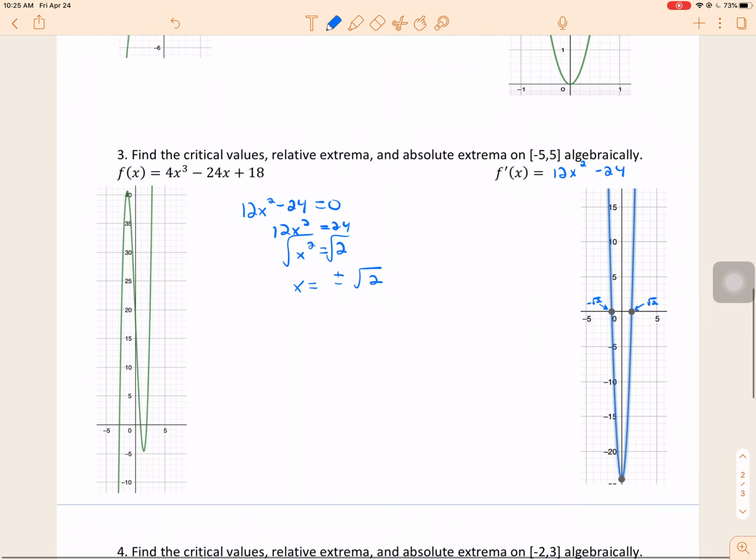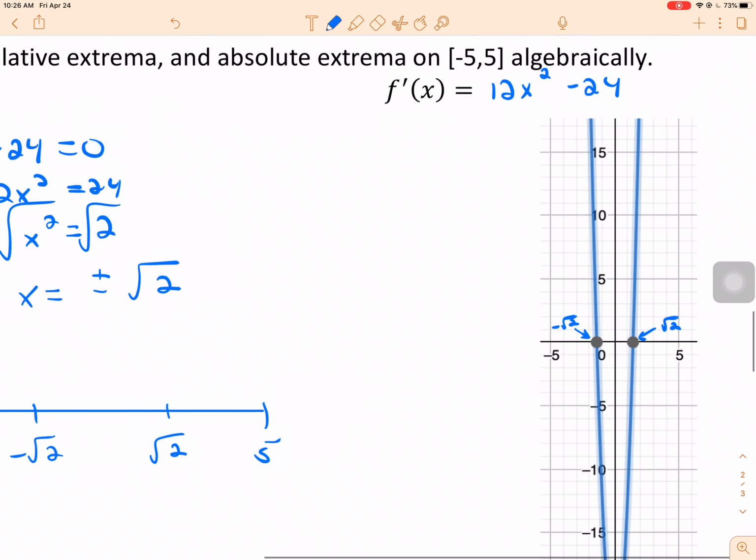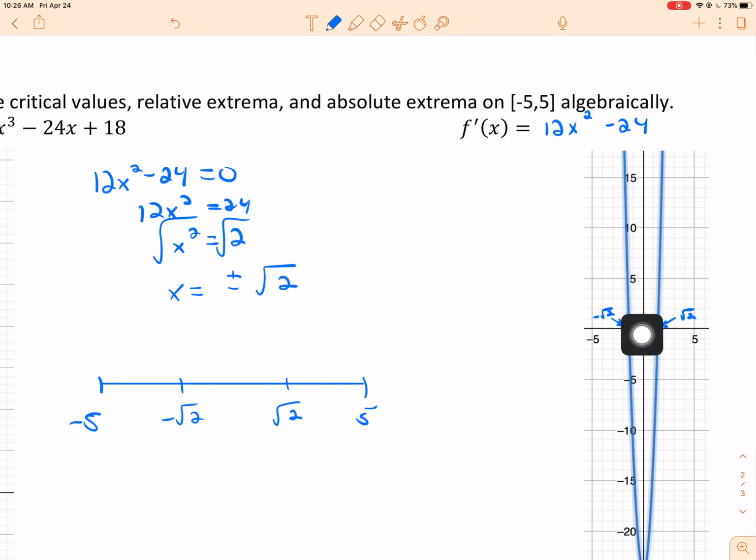So we can use that to help us with our first derivative test. We got endpoints from -5 to 5, and then we got negative rad 2 and rad 2. And take a look. To the left of negative rad 2, are the y values positive or negative? Positive.